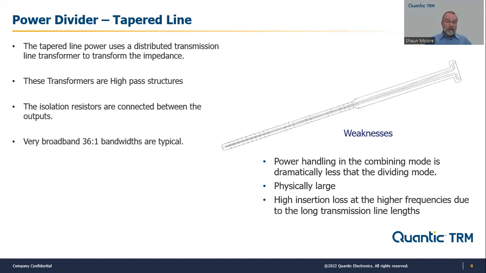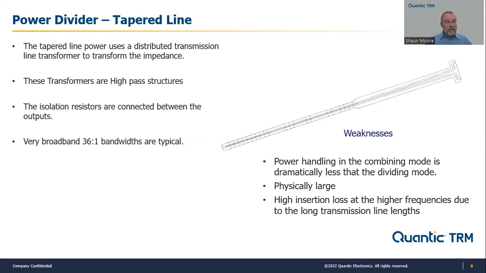Tapered lines can be designed as high pass structures, and therefore, as long as you can suppress higher order modes in the microstrip or strip line, these units will work over extremely wide bandwidths. And really, the limit is the mechanics of how you do that. Mathematically, these will work as pure high pass structures. Therefore, you can get really broadband performance out of these.